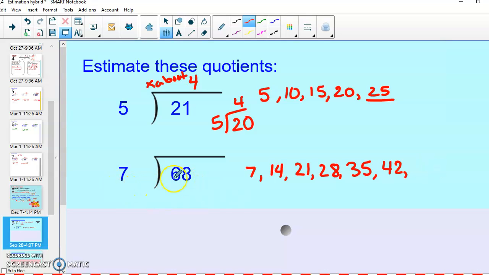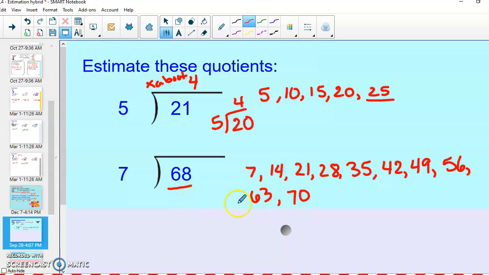Okay, so here we have 68 divided by 7. And as you can see, I already started counting by 7s to see how close I could get to 68. And I got up to 42, which is 7 times 6. 7 times 7 is 49. 7 times 8 is 56. 7 times 9 is 63. I'm getting so much closer. And 7 times 10 is 70.